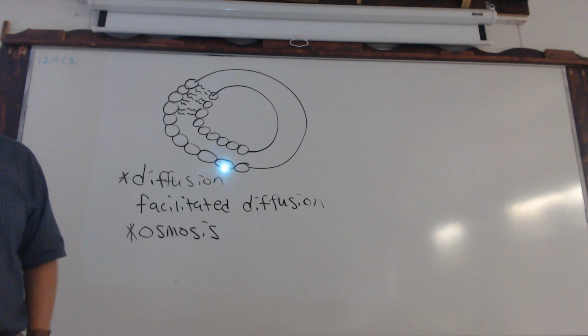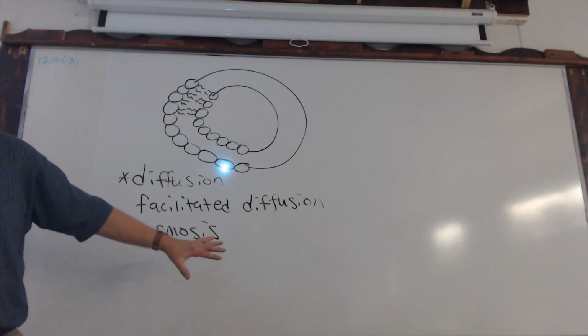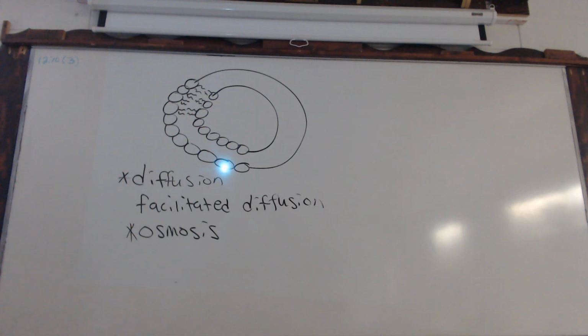Because if you're in the ocean water, we already established it tastes salty. So when we're talking about that, osmosis is a movement of water either into or out of your cells. So what it's going to do is follow the solute concentration.